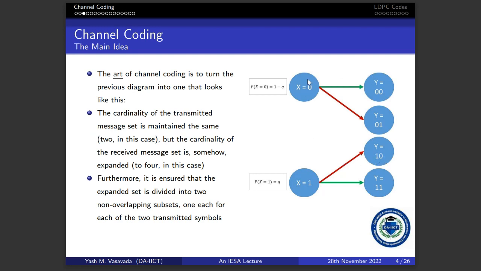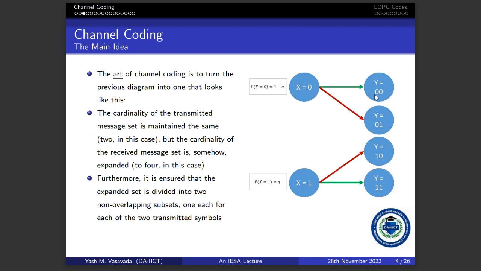If something like this can be realized, then it will be easy for you to accept that my channel has now become noiseless. Although the actual physical channel is introducing noise by means of these red colored arrows, the receiver is, with 100% certainty, able to say which bit was transmitted.